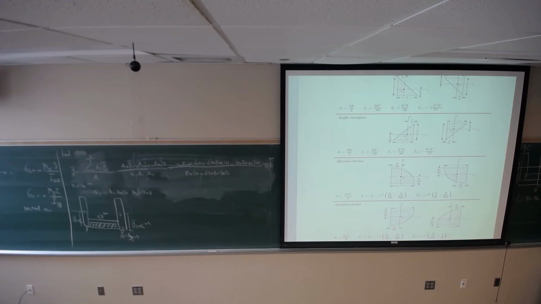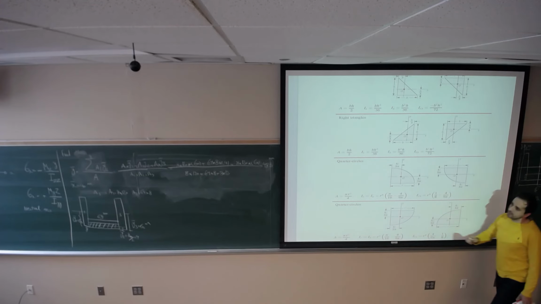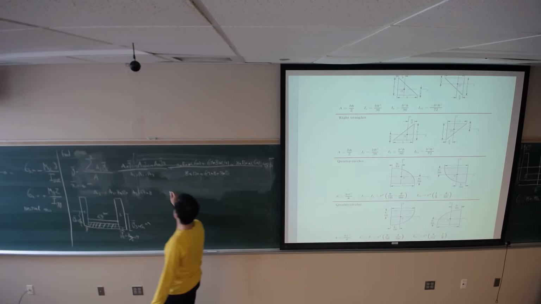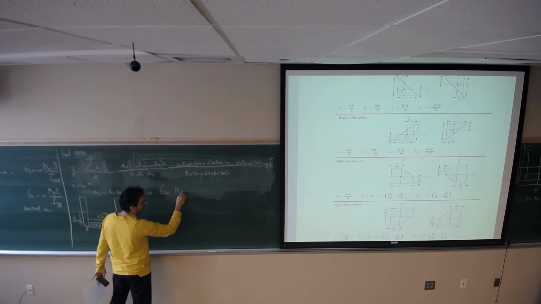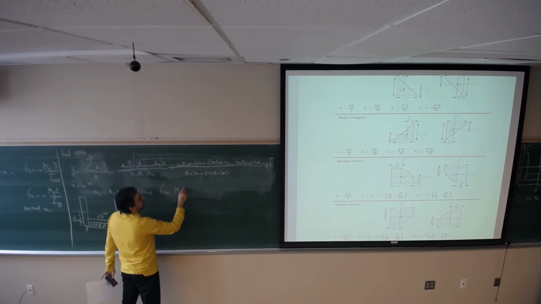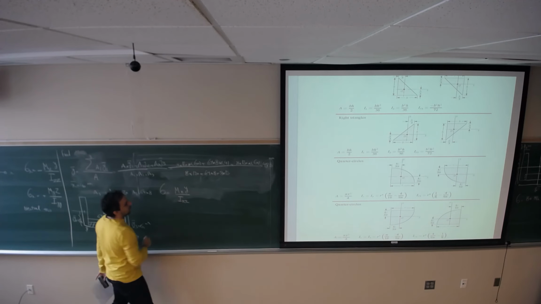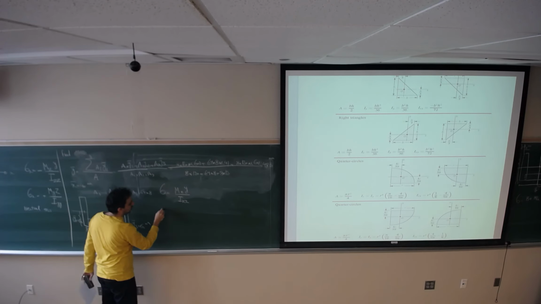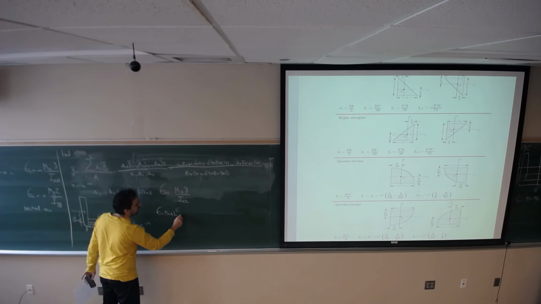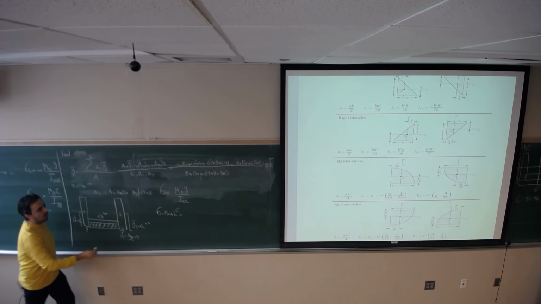Now, we know that normal stress is M times Y divided by Izz. I know that the maximum normal stress is 150 megapascal. This is the maximum allowable stress. I'm looking for M max.